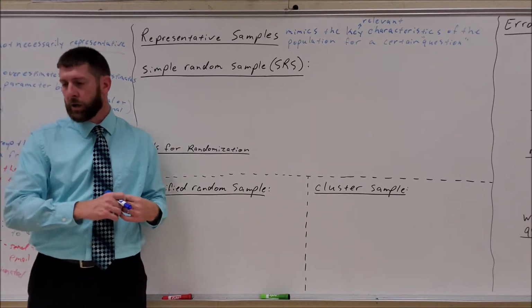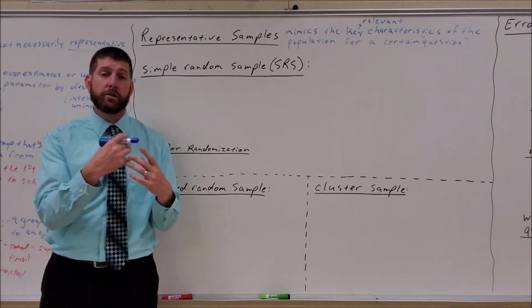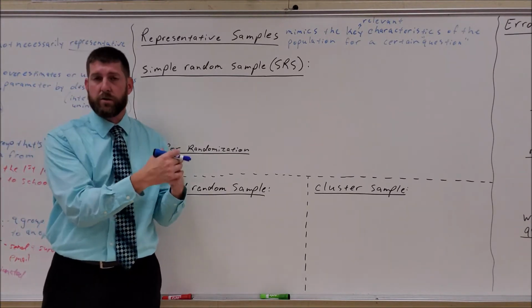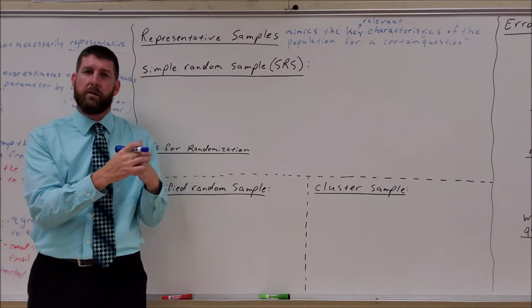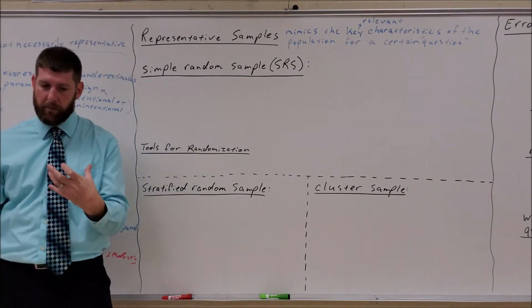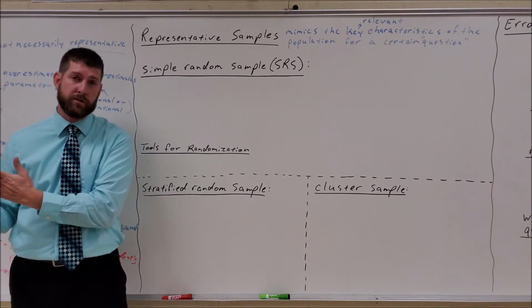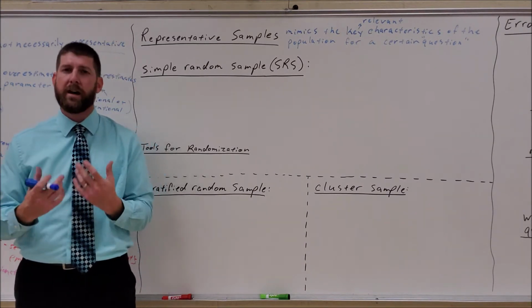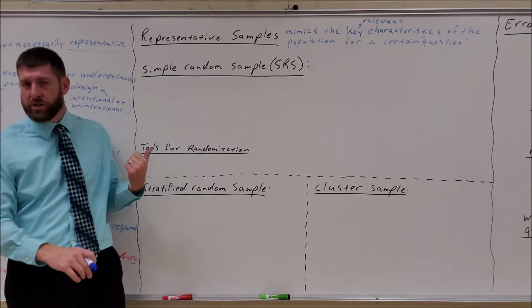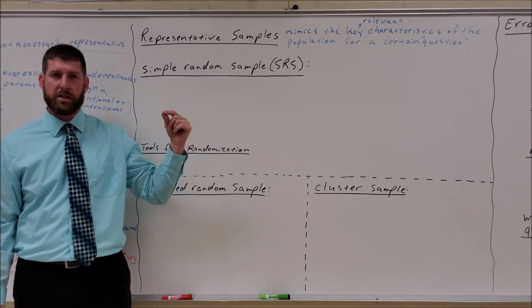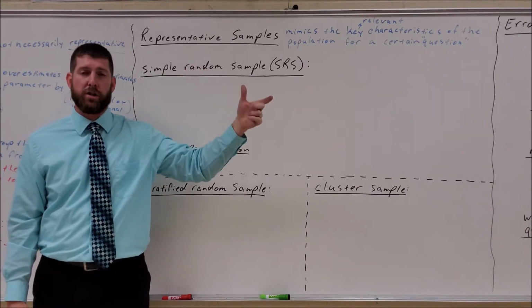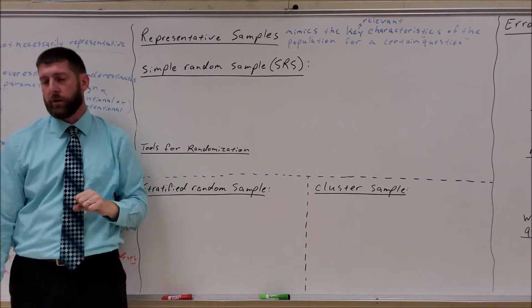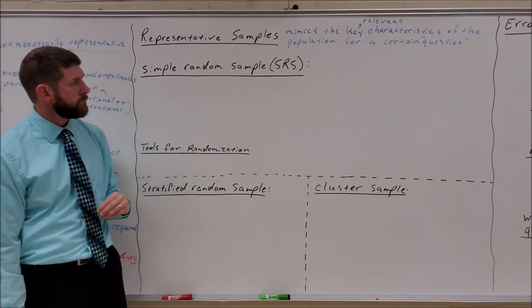If we think that extracurricular participation plays a role in that opinion, whatever the percentage of students that participate in those activities, in a representative sample that same percentage of students in the sample is doing the extracurricular activities. That's what we mean by a representative sample. Those characteristics that show up in the population that might influence how we answer should show up at the same or similar rates in the sample.